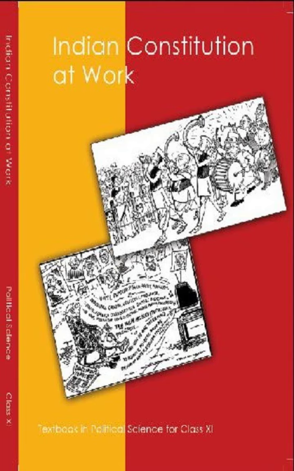Since 1989, there have been many occasions when no party had a majority in the Lok Sabha. Various political parties have come together and formed a coalition that has a majority in the House. In such situations, a leader who is acceptable to most partners of the coalition becomes the Prime Minister.